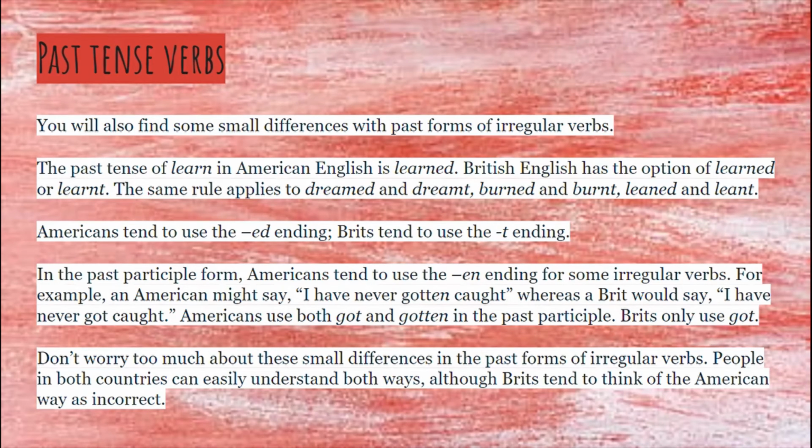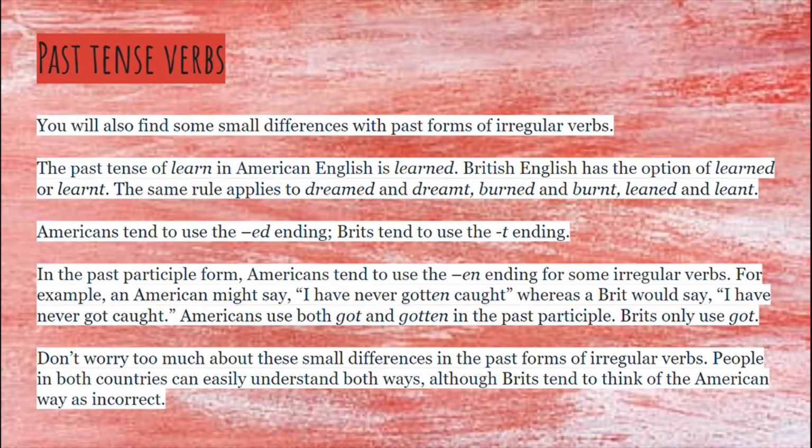If you listen closely, you would hear a Brit say, "I hope she's learnt her lesson." Doesn't mean that Brits don't use learned, but more often than not, learnt, the past tense with the ending t, is used more.